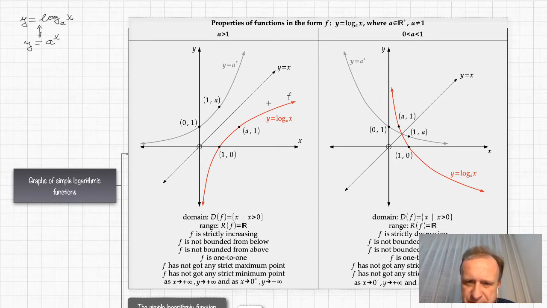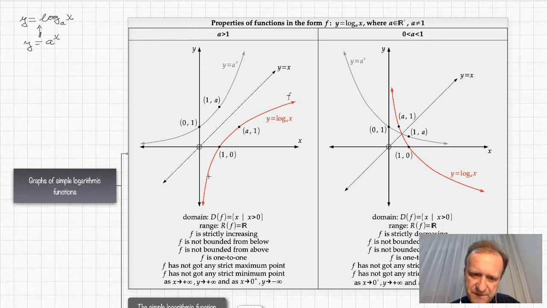As for the range of the logarithmic function f, the range consists of all real numbers. You can see it from the graph, that it can have any value y as its function value, but it is also the consequence of the fact that the domain of the original function a to the power of x was the set of all real numbers, and since domain and range get interchanged when we create the inverse function from the original one, this has to be true.